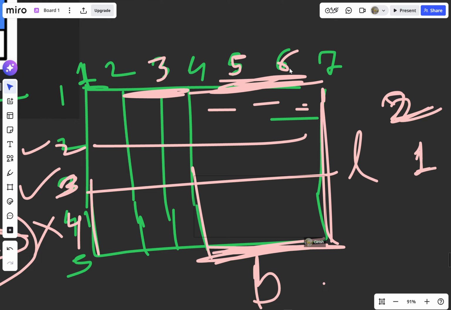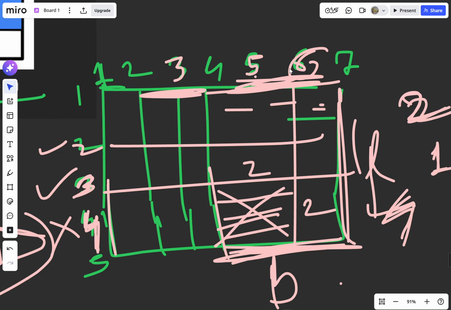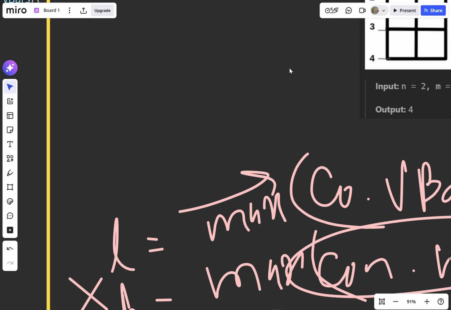This is now a rectangle, but if we are removing one from this horizontal, we have removed 4 from here, so we should remove only one from here, and only one in the vertical also. It can be 5 or it can be 6. After getting this it will be a whole 2 by 2 area, which means it is a square area. So that's why we are doing this.